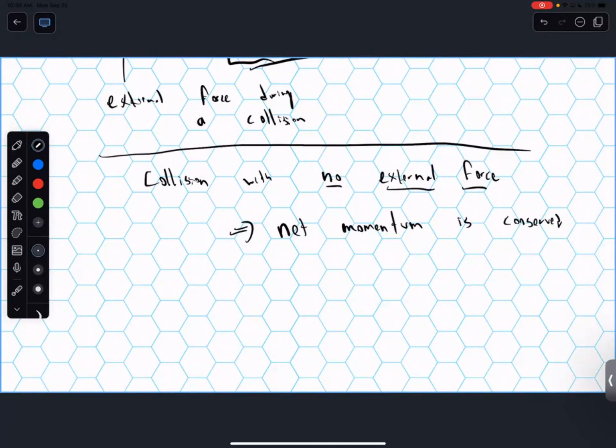Conservation of momentum implies that the force equals 0 on average in some system.